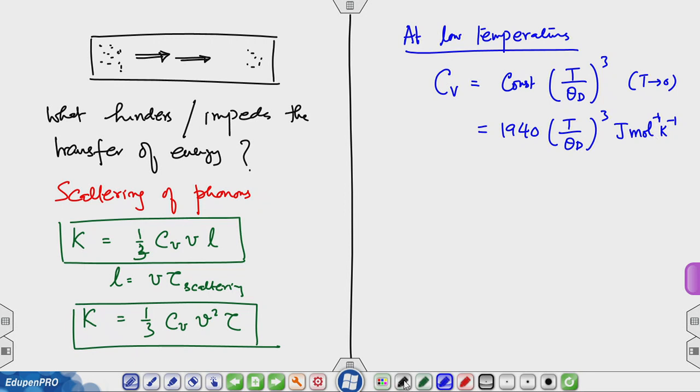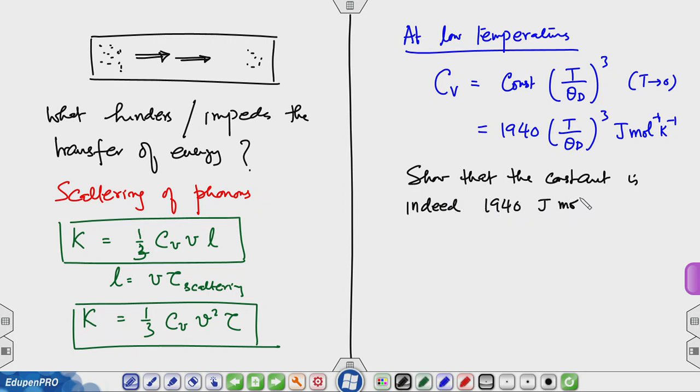Let me give you this question here. Show that the constant is indeed 1940 joules per mole per degree Kelvin.